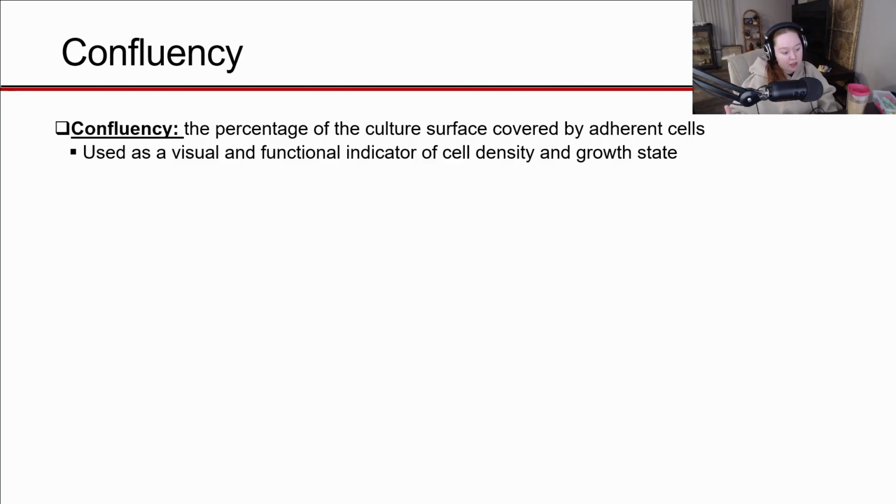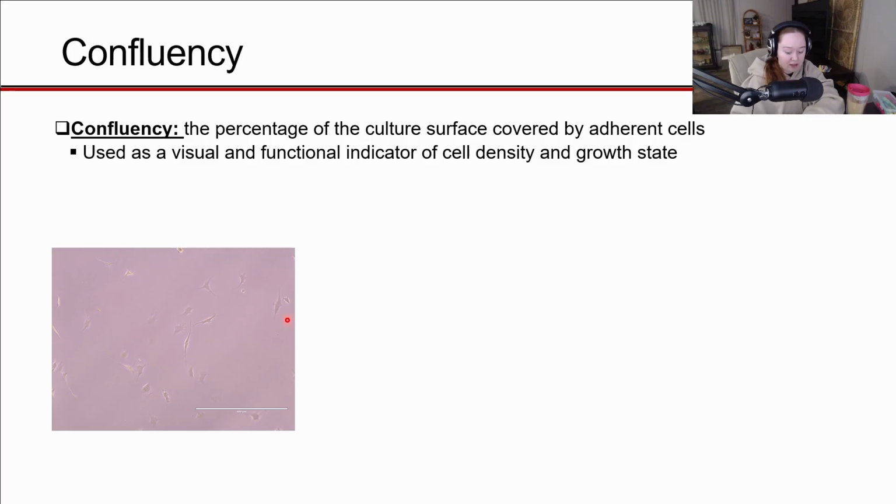So it's something that we look at and sort of make an educated guess of how many cells might be present in the flask. So for example, in this image, I see cells here in my flask. These are D1 MSCs that I grew out in my lab. I would say they're not taking up a lot of surface area at all. I would call this 5% seeding density.